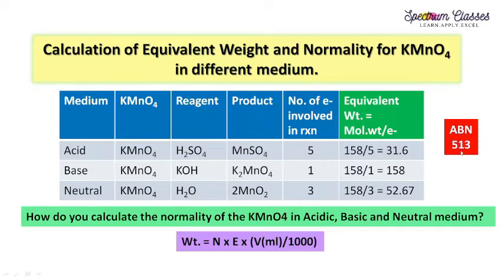B is the base, in which change in oxidation state is 1. And N is the neutral medium, in which change in oxidation state of Mn is 3. So this is how you can memorize this, and if you get any objective question related to it, you can easily do it with concept.